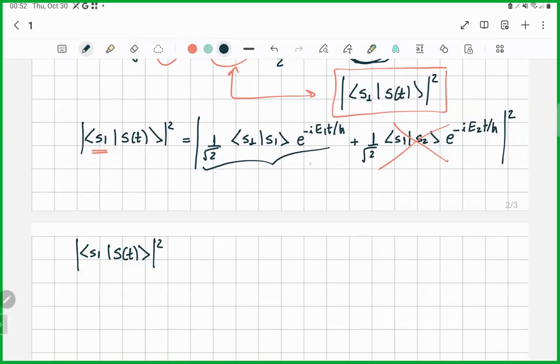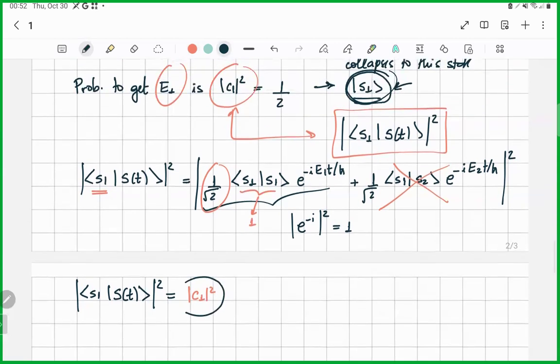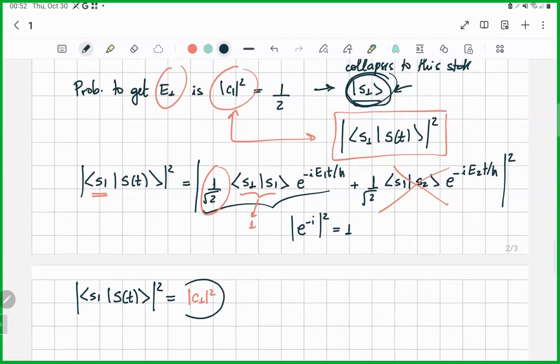Well, absolute value square of exponential with i, we already know is 1. So you see that what we get here is this C1 squared, S1 inner product S1 with S1 is 1. This we saw is 1. So you see, that's the C1 squared that we talked about before.